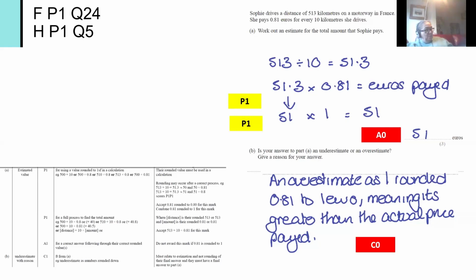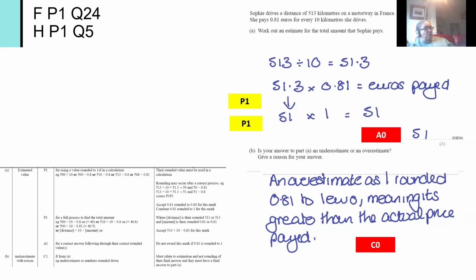And then this is interesting. This one was wrong. And then if they'd rounded one number up and one number down, which they have in this case, the explanation must mention both answers.